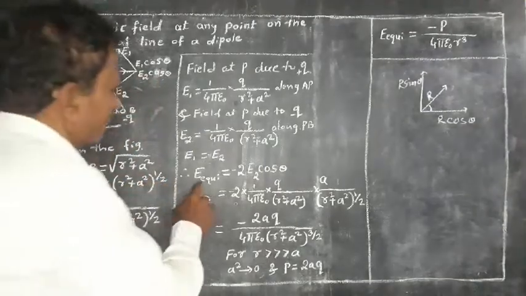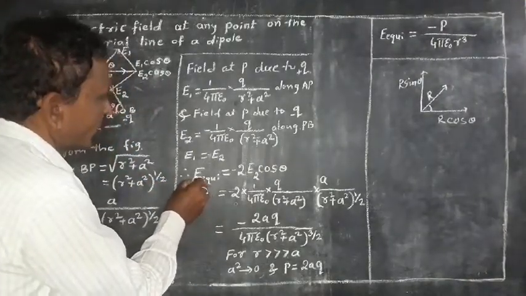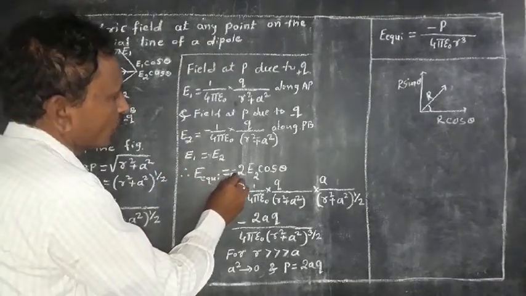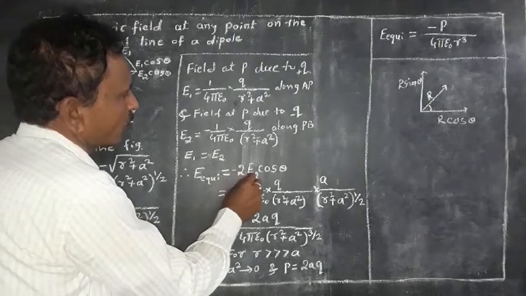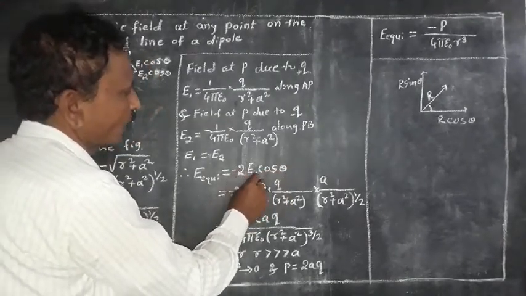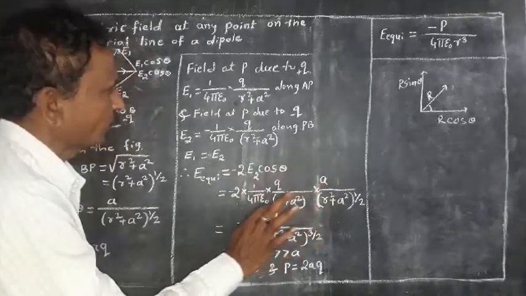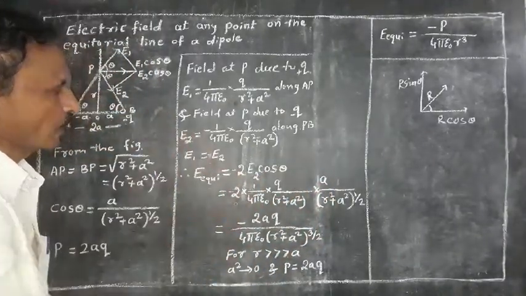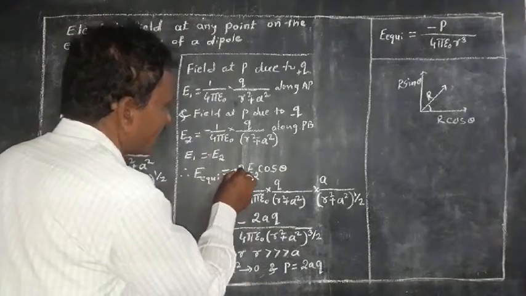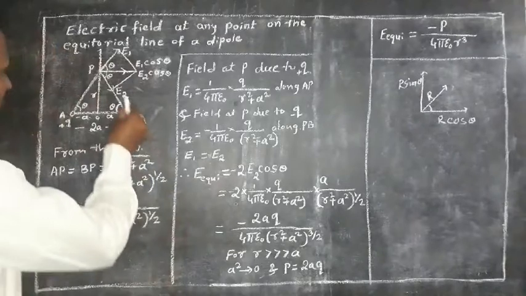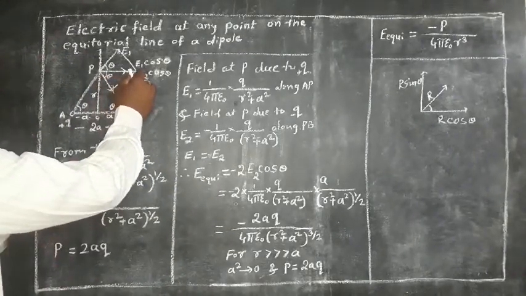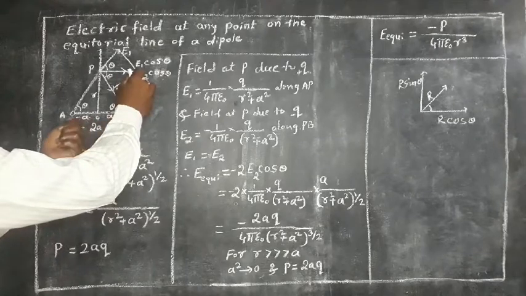That is, the electric field intensity on the equatorial line or bisector is equal to minus 2 into E2 cos theta, or minus 2 into E1 cos theta, because E1 cos theta equals E2 cos theta. And here the negative sign indicates that the components of E1 and E2 are in the opposite direction to the direction of the dipole moment.